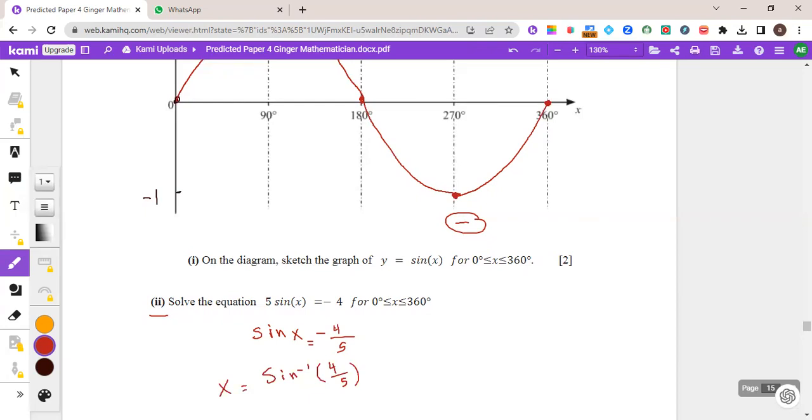X equals what? Negative 53.13. So it is negative, right? But he says from 0 to 360. So we're gonna write a positive. To know the angle equivalent to this one, I will add 360 to it.